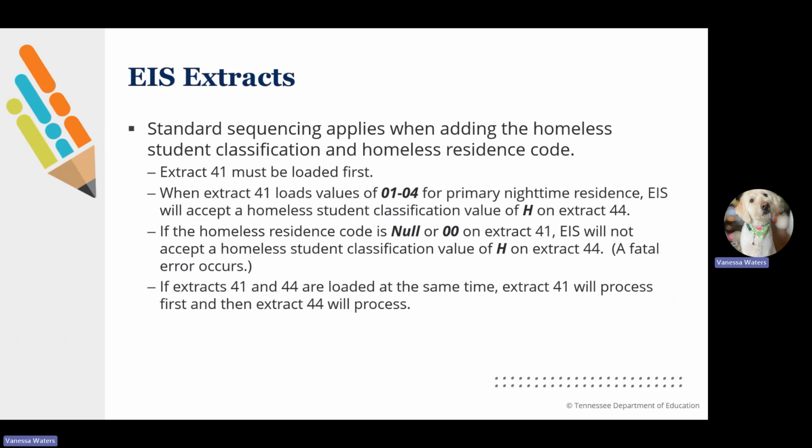It's important to note that if the homeless residence code is null or 00 on extract 41, EIS will not accept the homeless student classification value of H on extract 44. A fatal error occurs. If extracts 41 and 44 are loaded at the same time, extract 41 will process first, and then extract 44 will process.